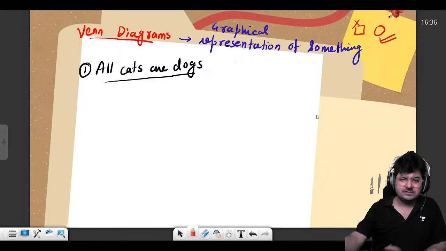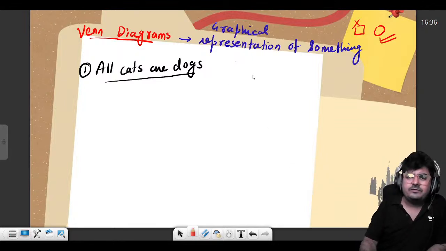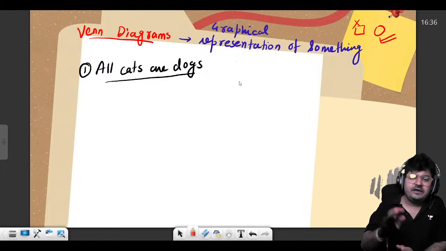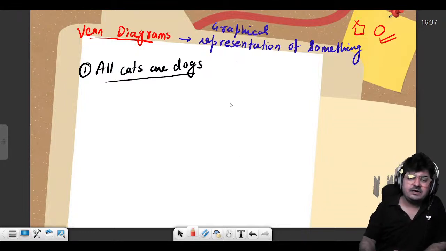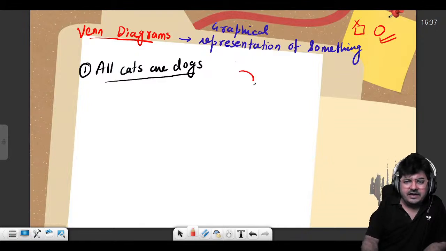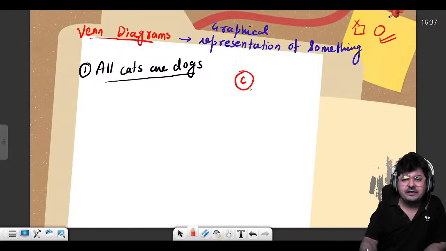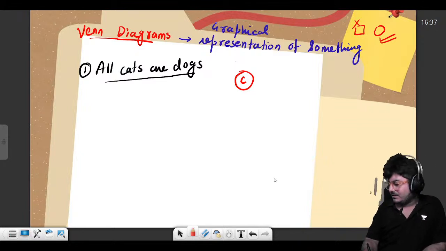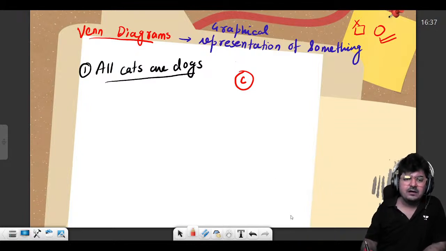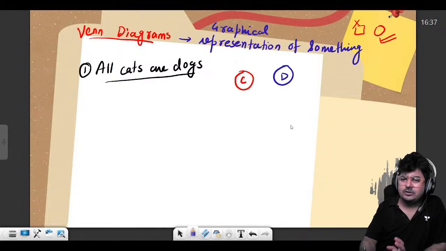No, that's kind of a ridiculous thing. So instead of that, we can simply consider them as a group, as part of some group. And we can say this red circle is representing the cats. Now they said all cats are dogs, and this blue circle is representing the dogs.